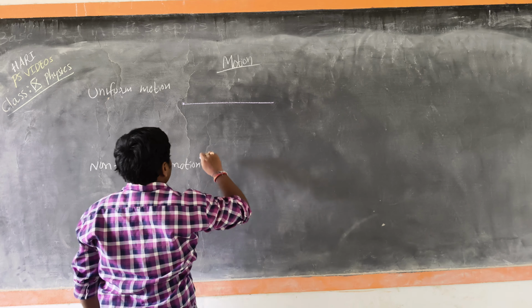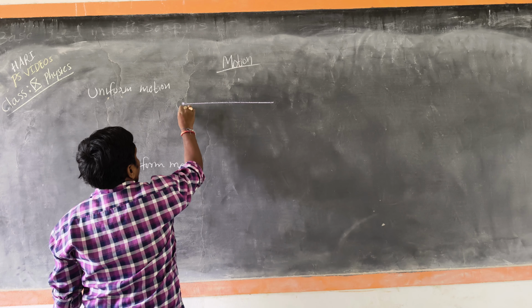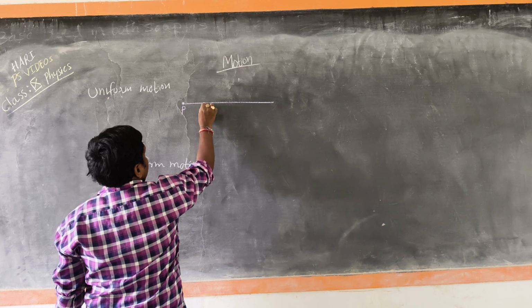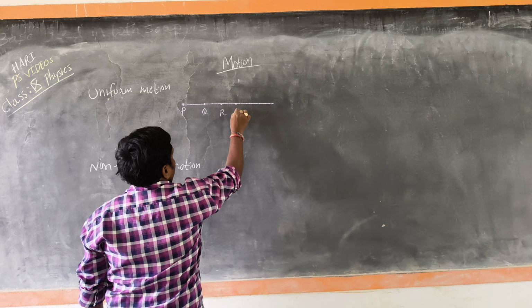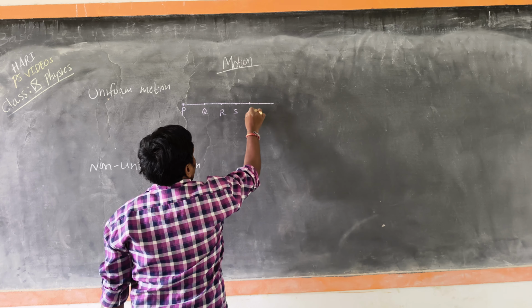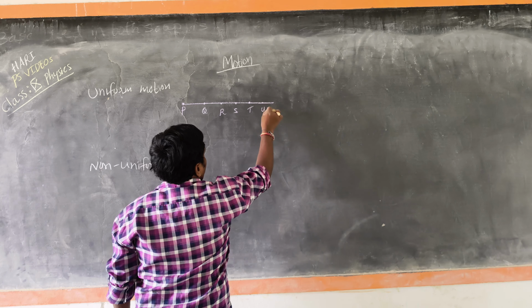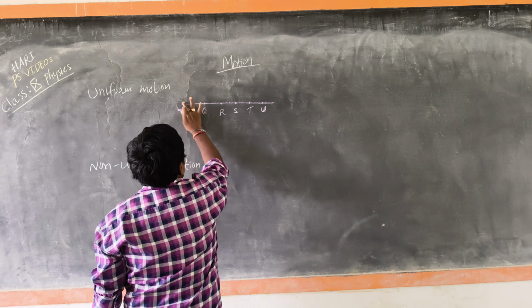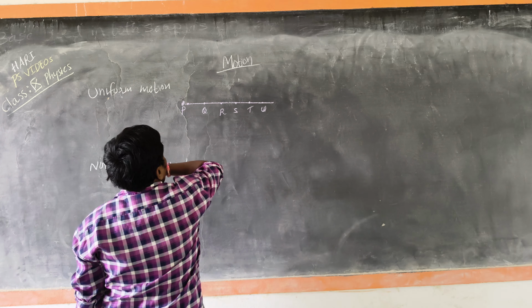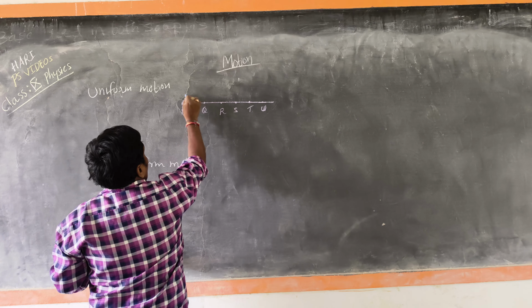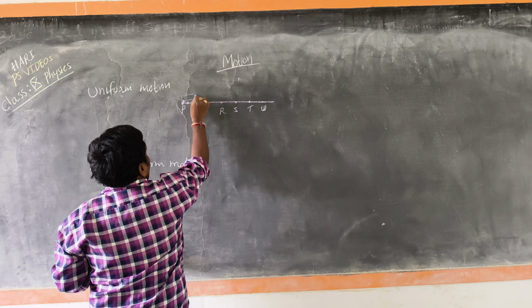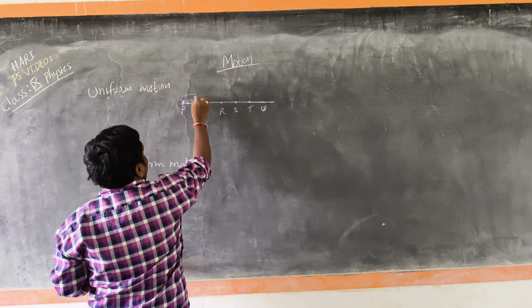a road. Here the points P, Q, R, S, T, U. First, a vehicle is on the road.